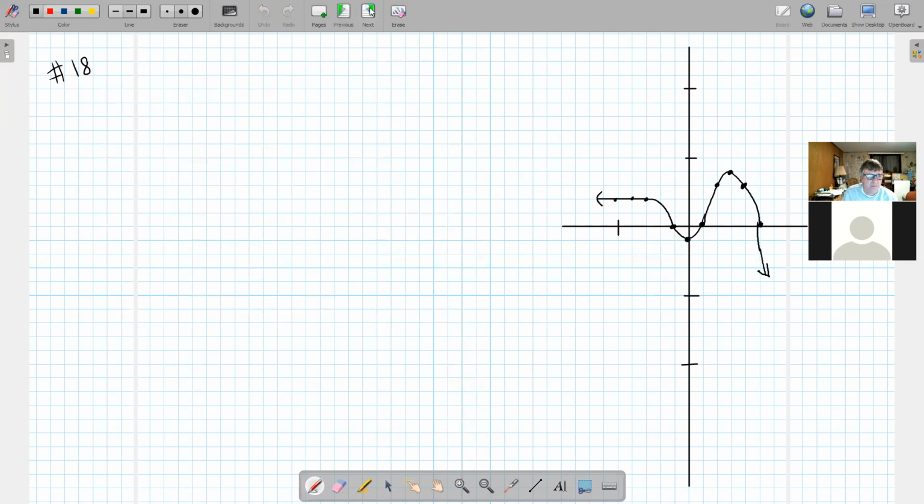All right. Here we have number 18, and this is the graph of the function s.